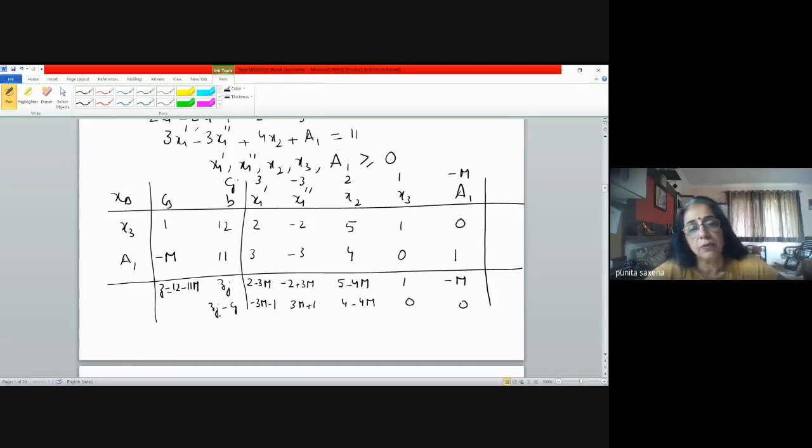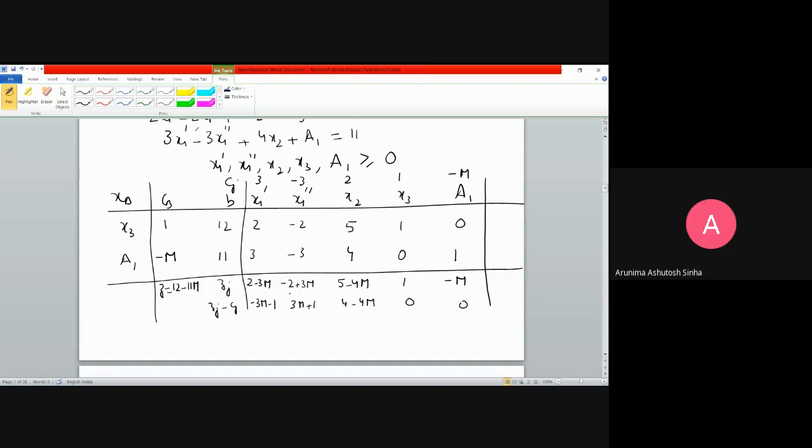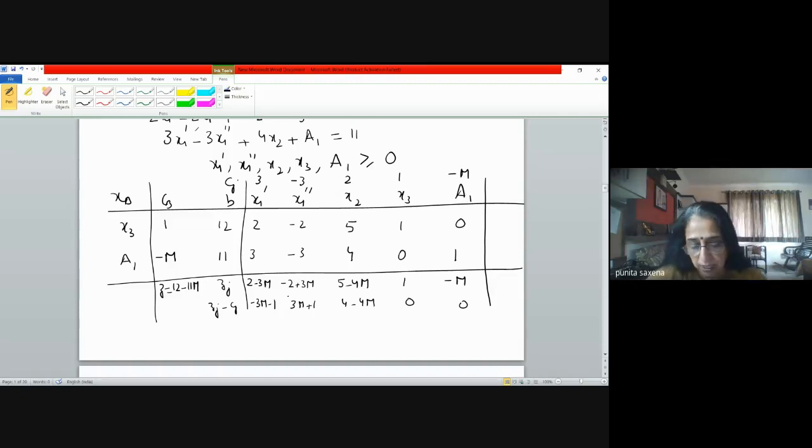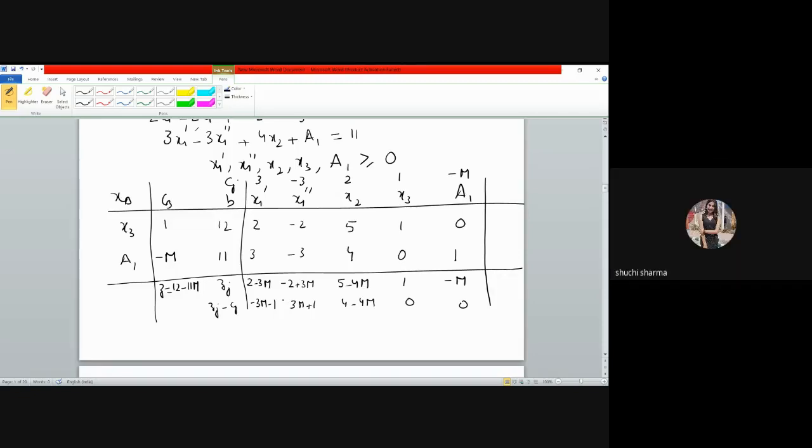Now see, which one is most negative? Put M 100. Which one is most negative? This is definitely positive. Which one will enter? Ma'am, x2.